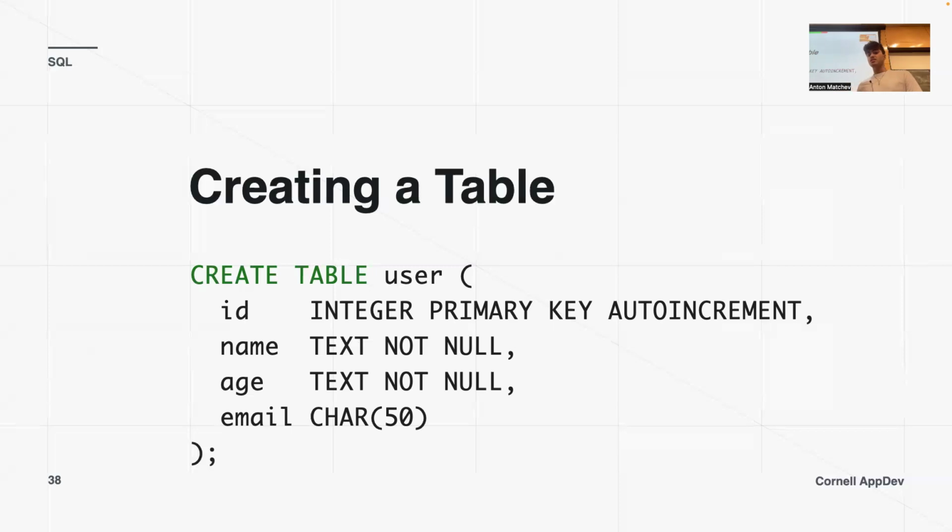Coming back to ID, we have integer primary key autoincrement. Integer, you guys all know, is just a number, positive or negative. Primary key is the thing I was talking about earlier about the unique identifier. When we say primary key, it basically means this is how we're going to refer to a value in a row in our database.